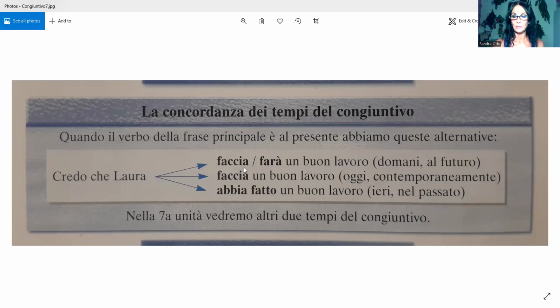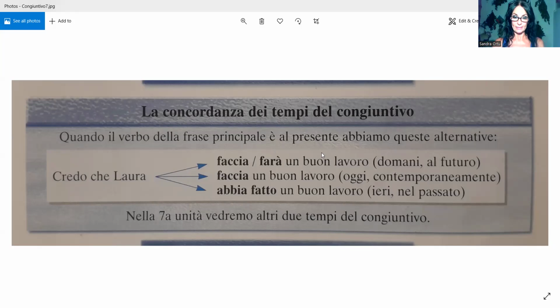And in this case it will be "faccia," which is fare, and it is irregular. So you can say either "credo che Laura faccia un buon lavoro domani" or "credo che Laura farà un buon lavoro domani." As I said, it is really a choice if you want to stick with the actual future tense or with the present. However, it needs to be congiuntivo. This is if we're talking about something that will happen in the future.